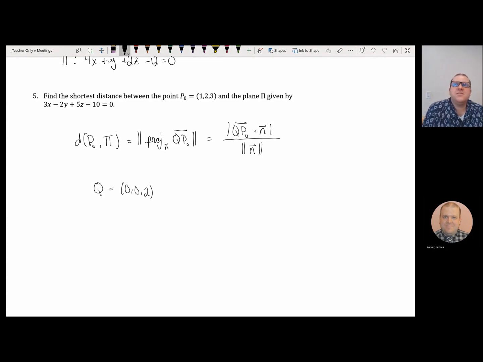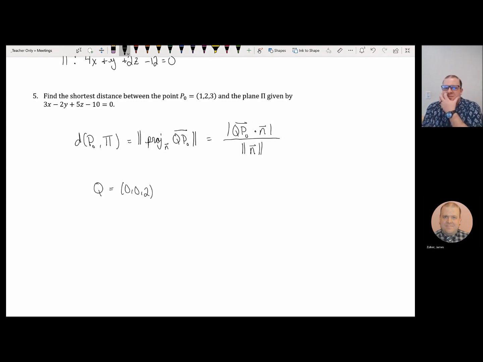How did you get 0, 0, 2? Look at the equation of the plane. It's 5 times Z, right? 5 times 2 is 10, minus 10 is 0. Then the other two would just be 0. And I also could have used 0, 5, 0, right? Specifically, any point that satisfies that equation, you can use. This is for Q. Yes.